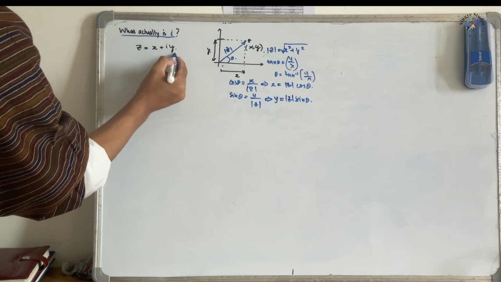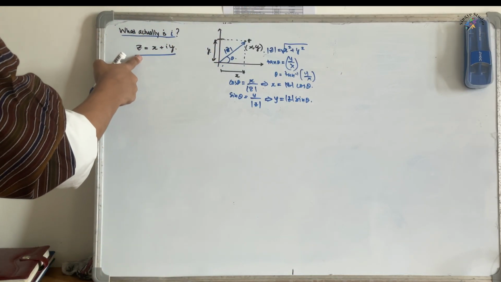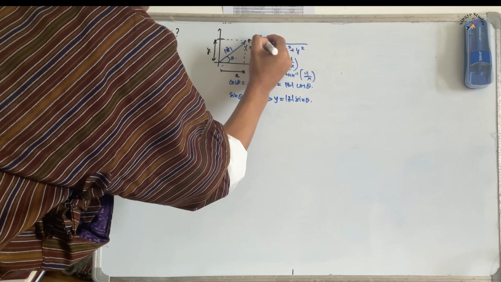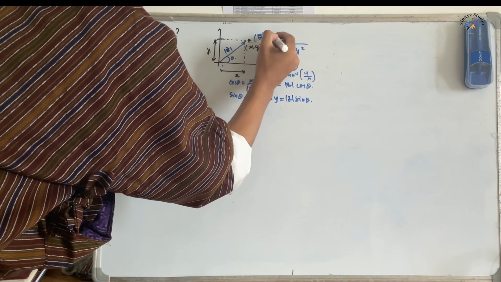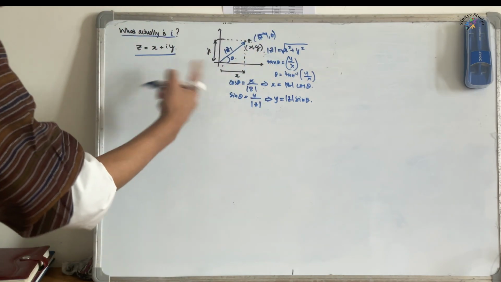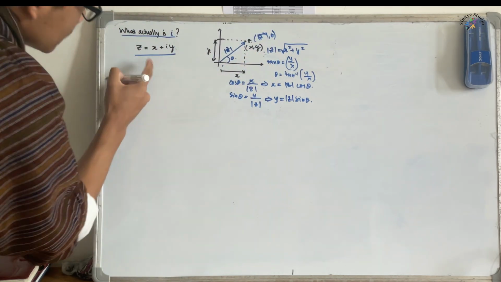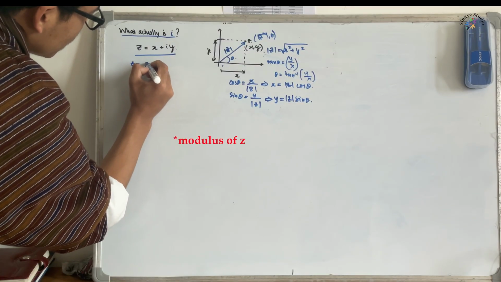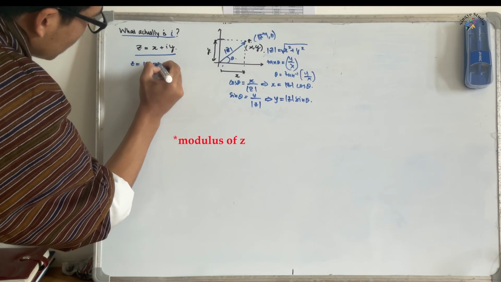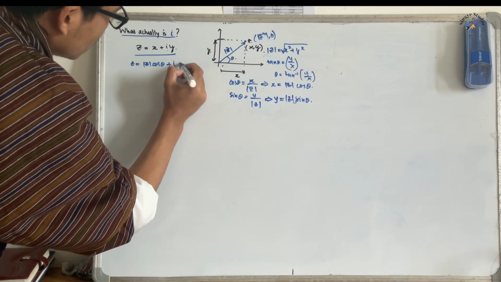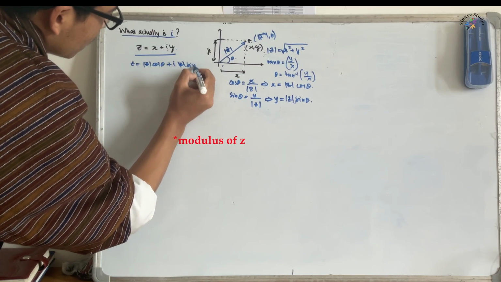Now in Cartesian coordinates we can write it like this, but in polar form we have just the modulus of z and the angle theta. So in polar form we can write z equals modulus of z times cosine theta plus i times y, which is modulus of z sine theta.